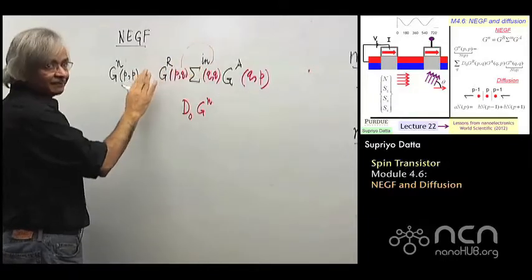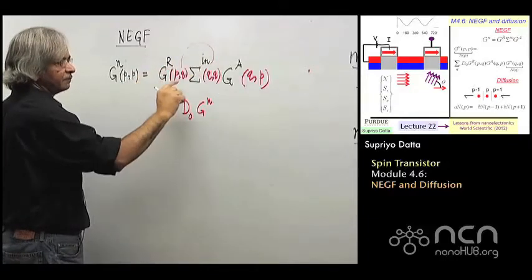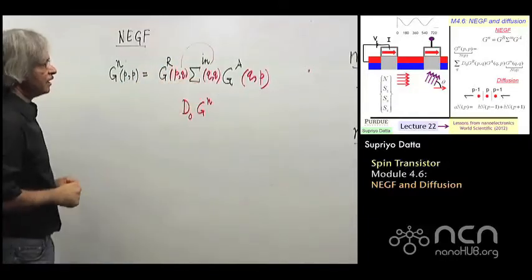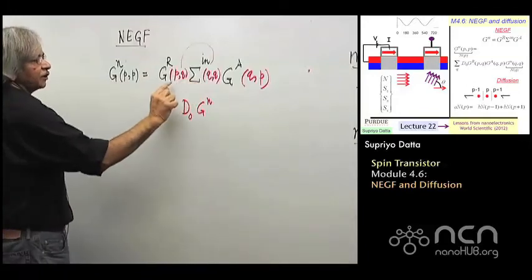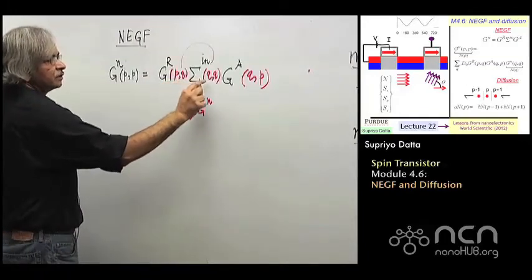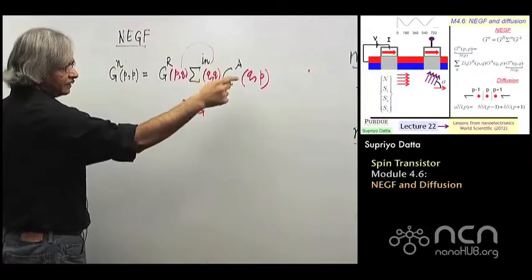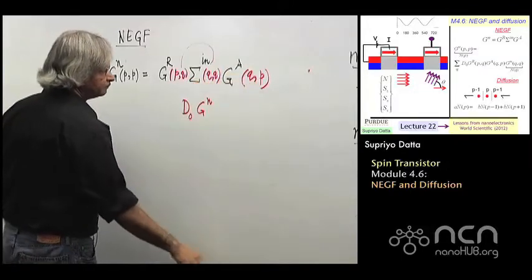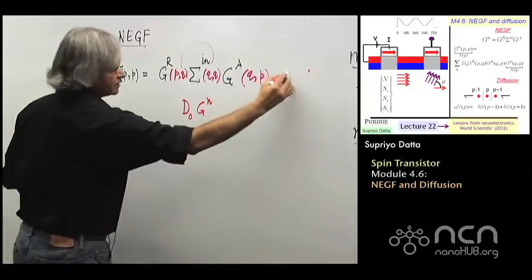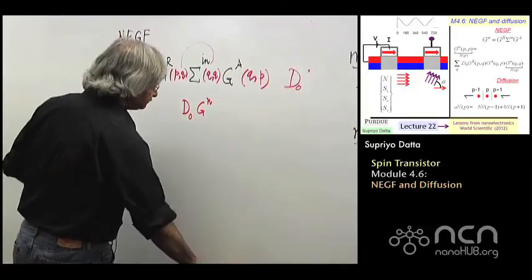I won't write a summation here, not to clutter things up, but you have to sum over all the Qs. The indices go P, Q, Q, R, but since this is diagonal, it's Q, Q, and then it goes from Q back to P. And overall, there is a constant in front, some D0.